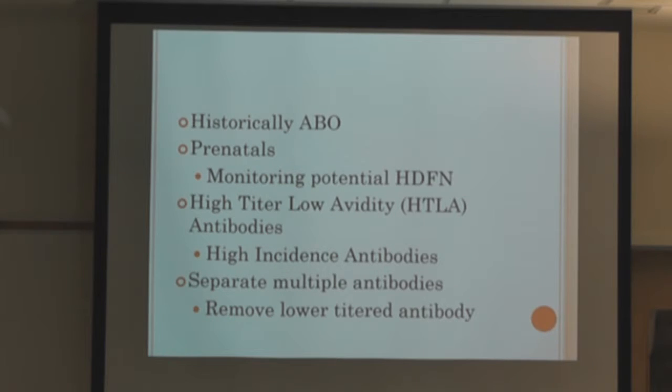Then if we identify that she has a significant antibody, the best way to monitor the potential of hemolytic disease in the newborn is to check the titer of that antibody. If she's being stimulated by that antigen, then the titer is going to go up. If she's not being stimulated, then the titer is either going to stay the same or go down.